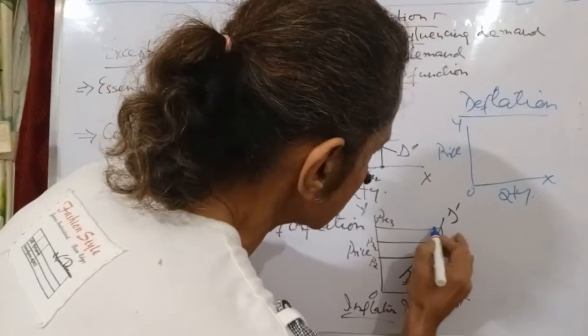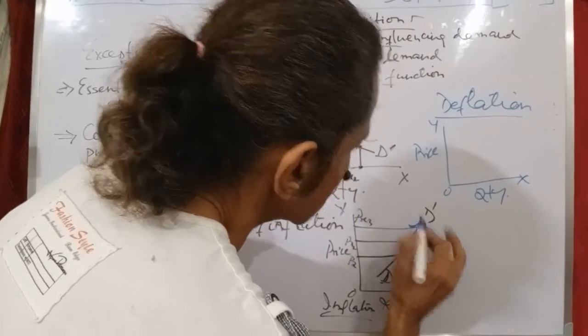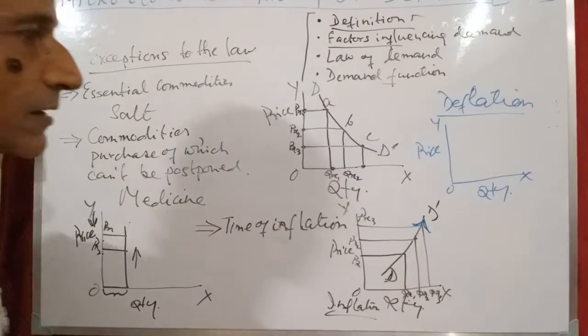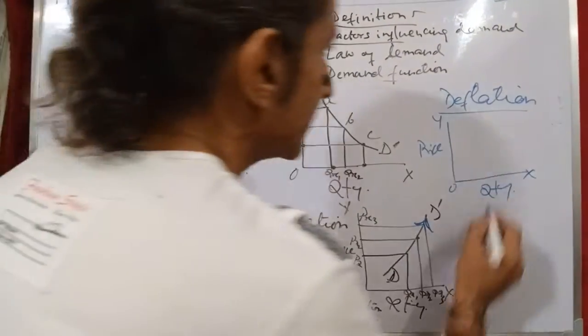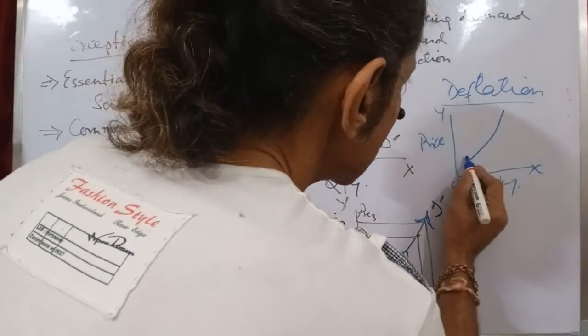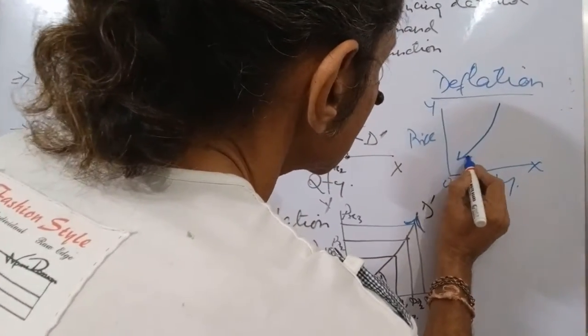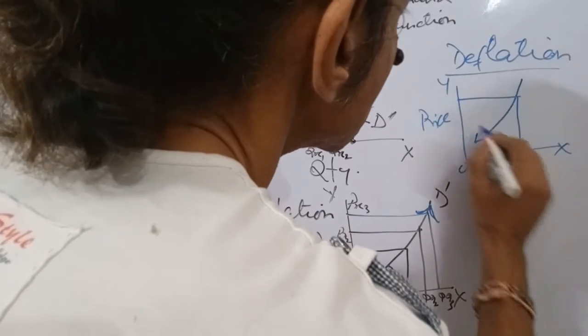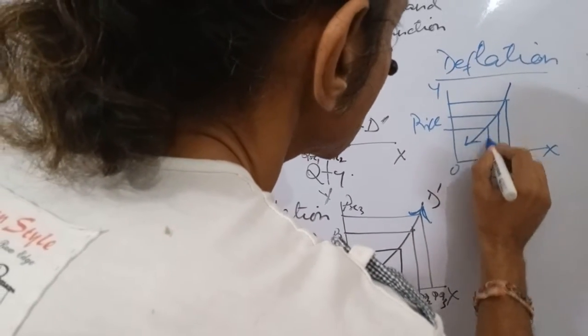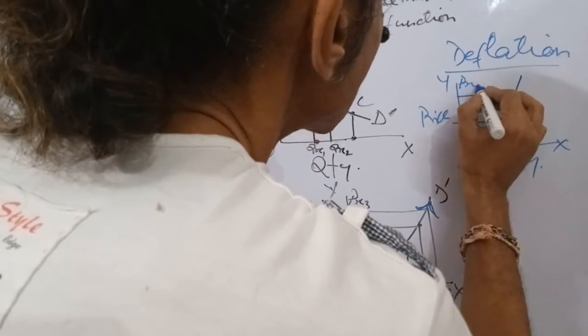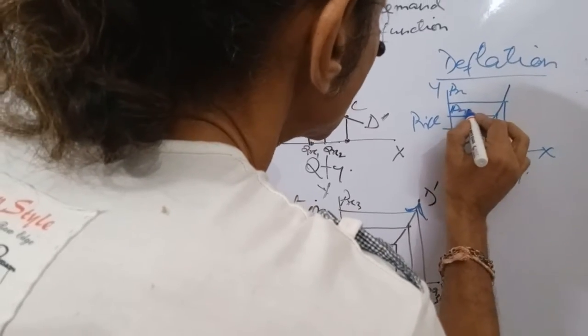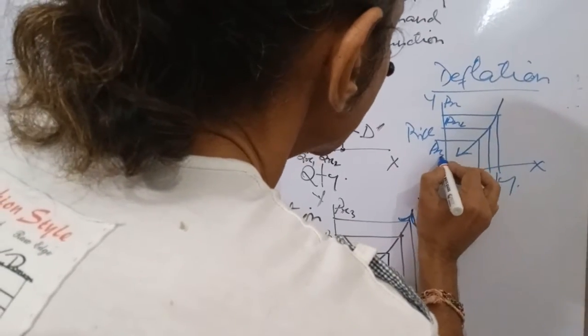When price is rising, in case of inflation, it is the upward sloping demand curve. And in case of deflation, it will be downward sloping. Price is falling from px1 to px2 to px3.